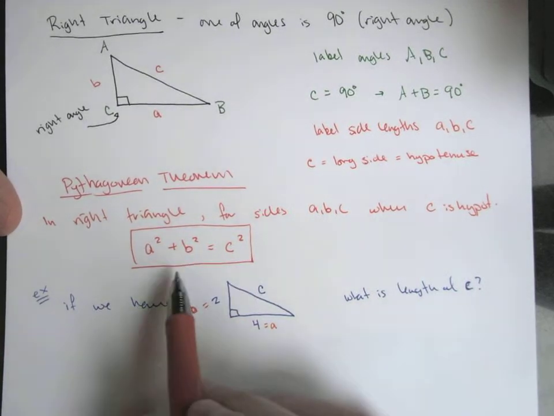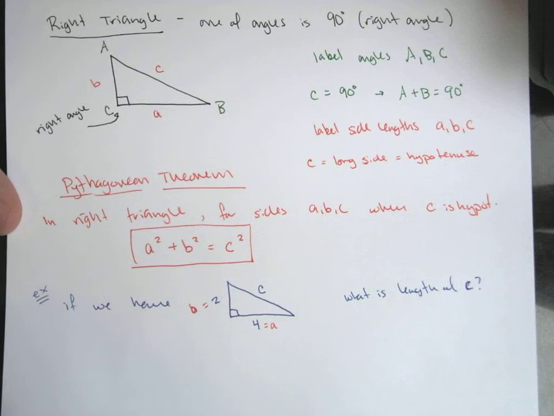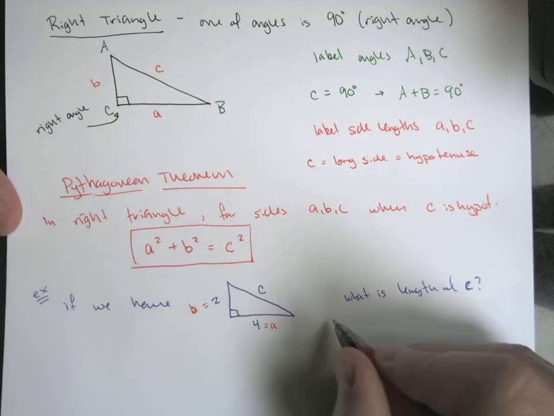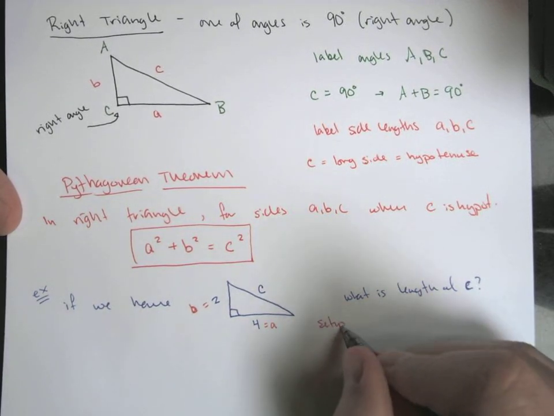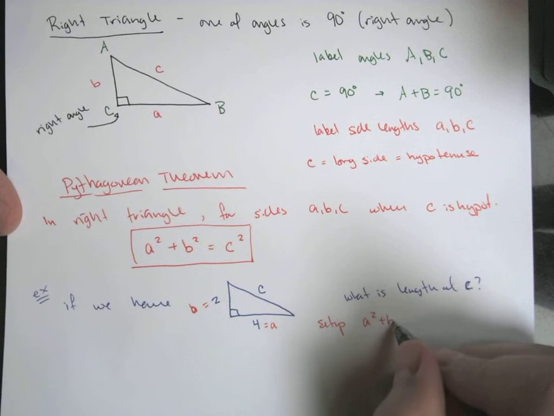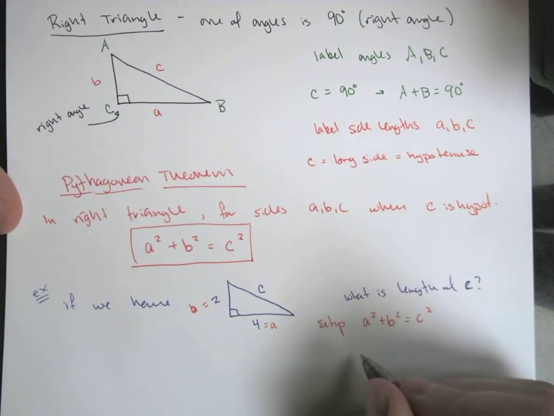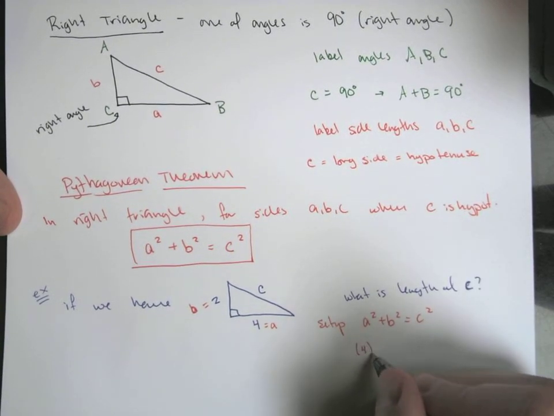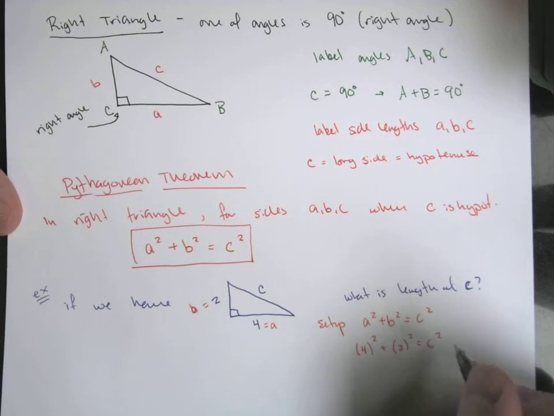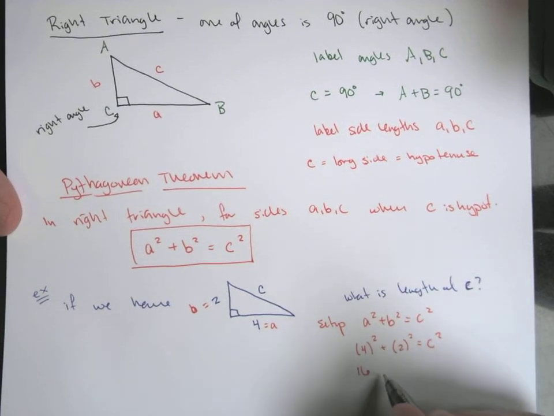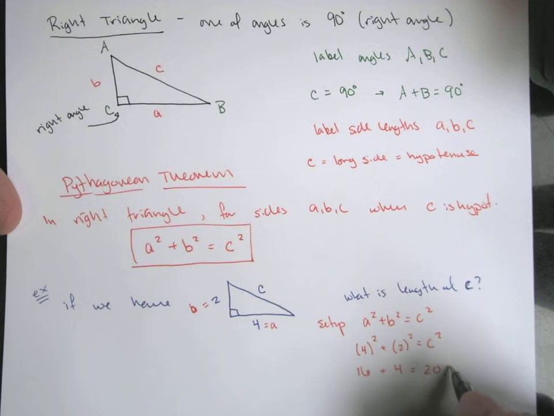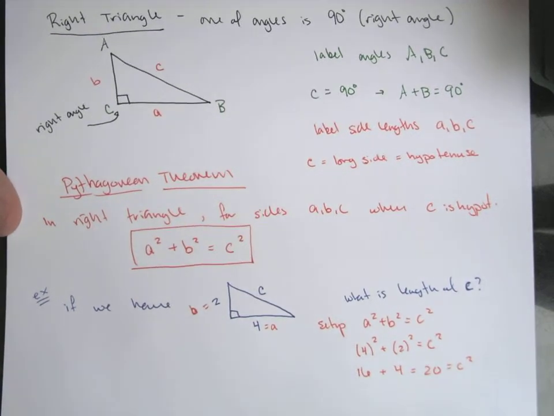So if we set this up with our Pythagorean theorem, A squared plus B squared is C squared. So my A value here is 4, square it, plus my B value is 2, square it, equals C squared. So 4 squared is 16, plus 2 squared is 4. So that would be 20 is C squared.